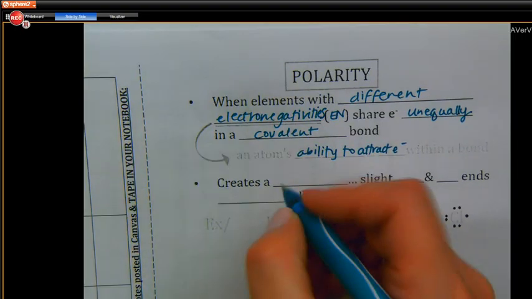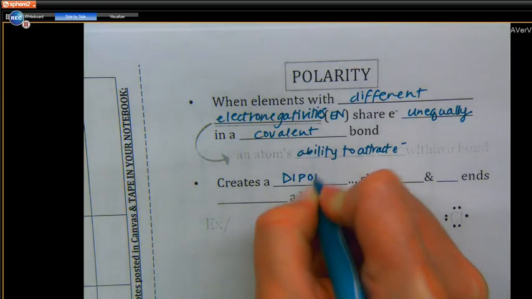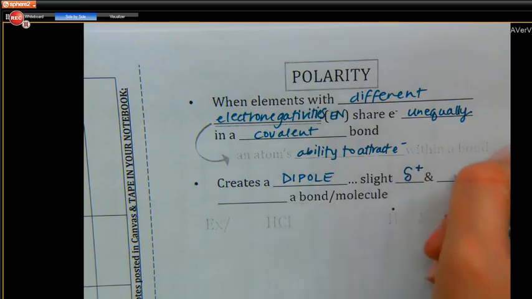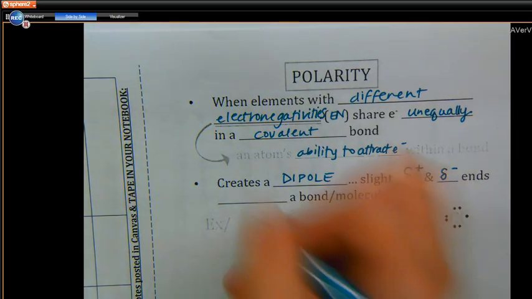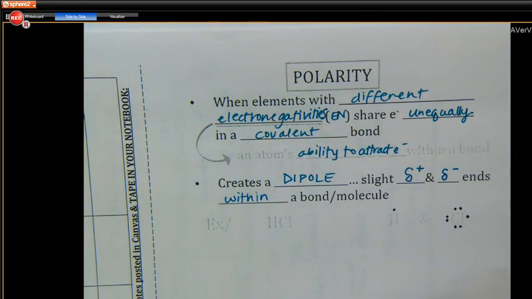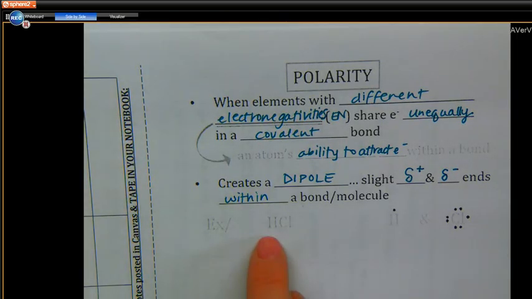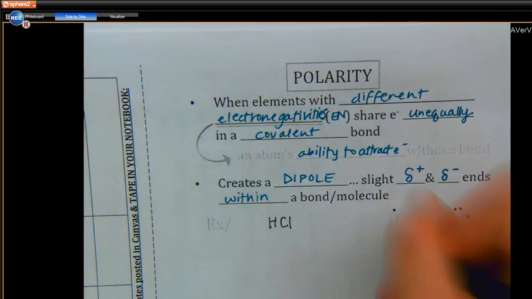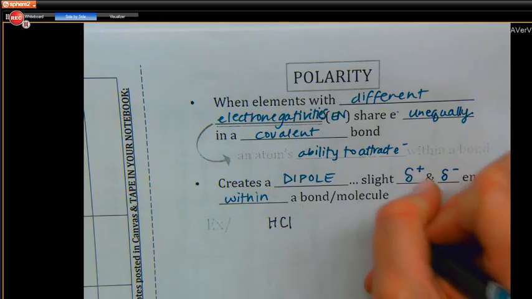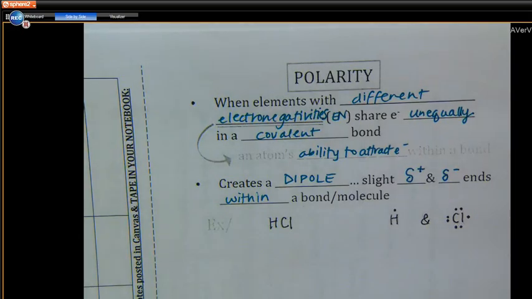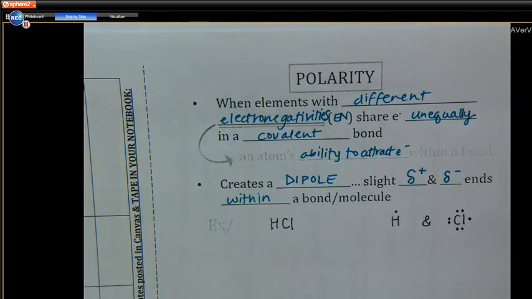When those bond together, we can see what type of bond it is. If I look at the electronegativity of hydrogen, which I can find on that last page, the electronegativity of hydrogen is 2.1. The electronegativity of chlorine is 3.0.